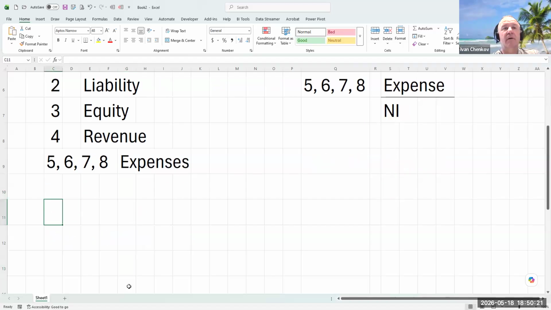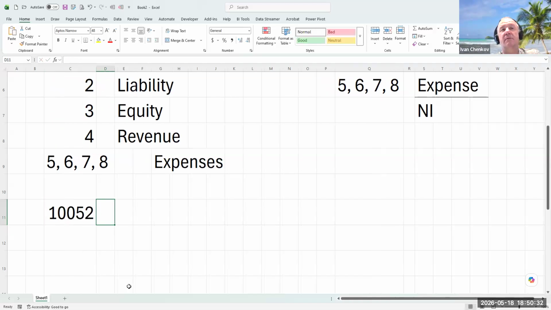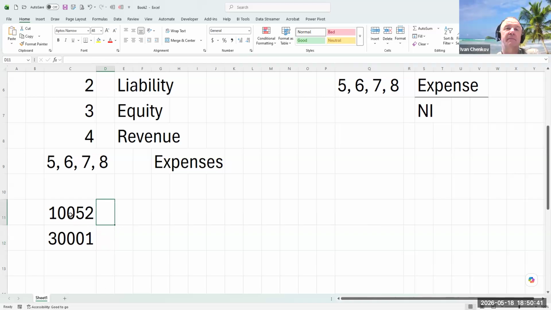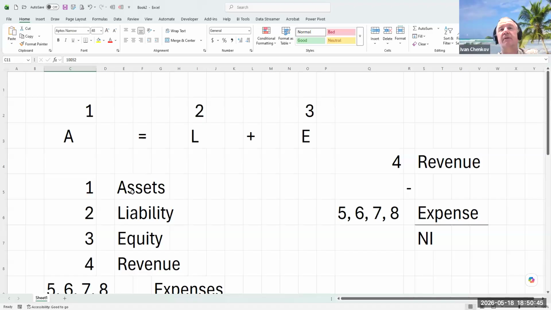So if you see an account which starts with one, let's say the account number is 152, that definitely is an asset account. If the account is 300,001, that's an equity account.